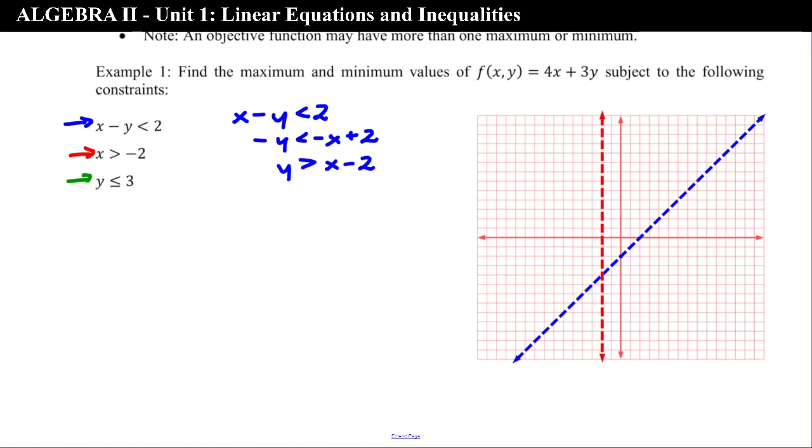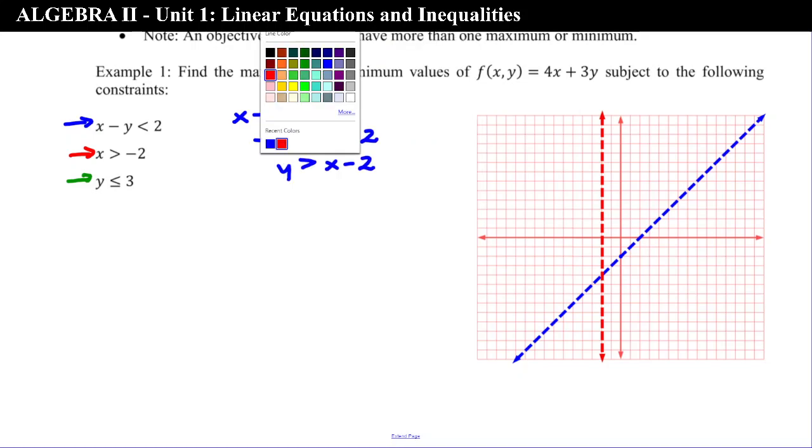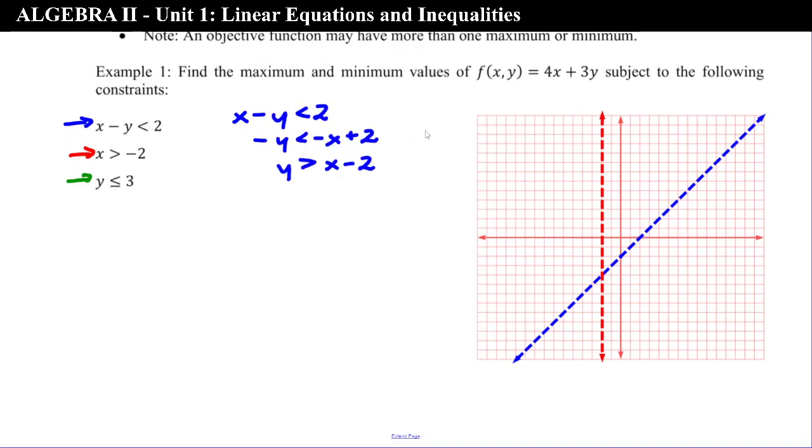And notice I'm just graphing the lines right now. We'll worry about the shading all at once, because we really just want the area that's shared to be shaded. All right, so let's graph our last line. Our last line has a less than or equal to, so this time it will be a solid line, and this one we're making green. And this is y is less than or equal to 3, so we're going to find 3 on the y-axis, and we're going to graph our line like so.